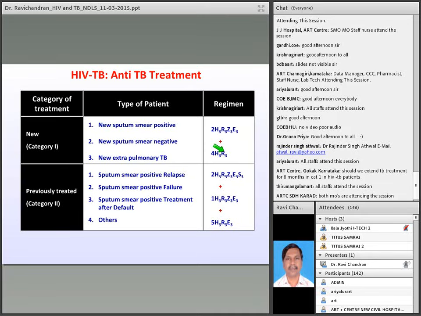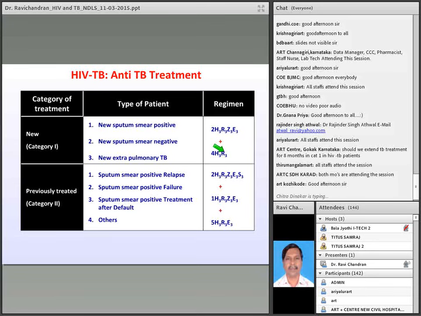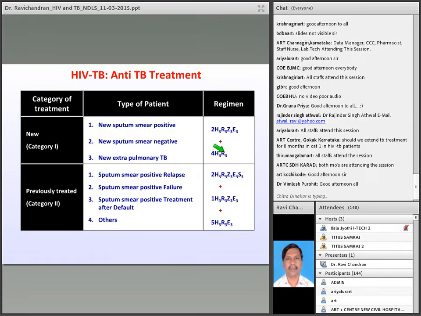What is category 2? Category 2 is patients with relapse and sputum smear positive, or patients with positive smear with treatment failure, or patients who are on default but they come with a positive sputum smear.